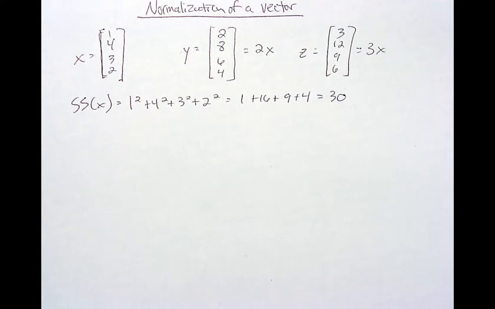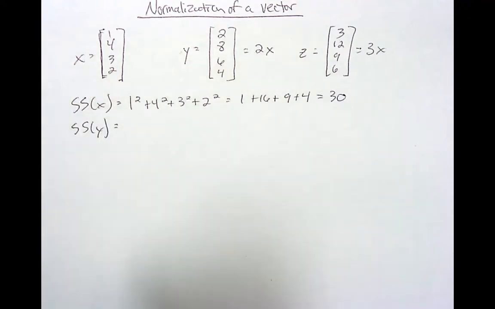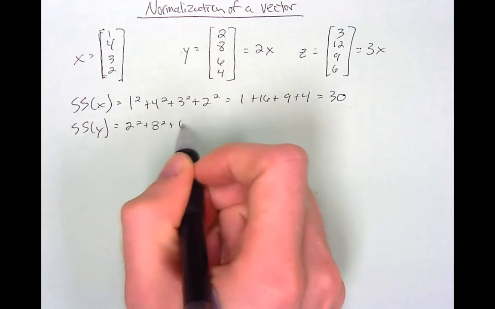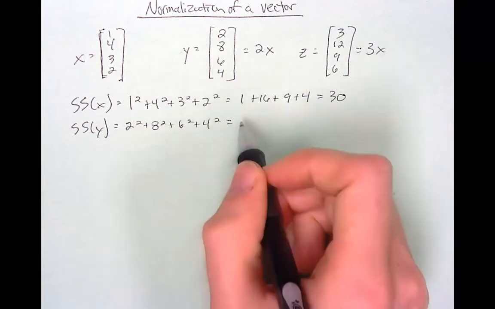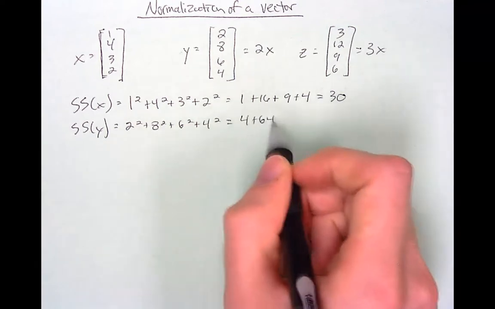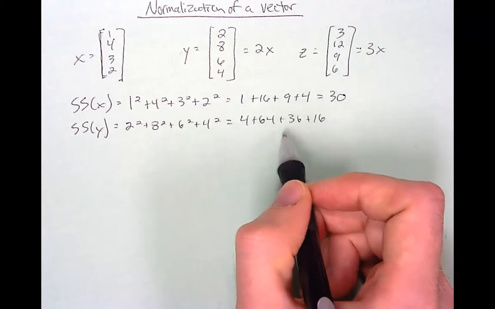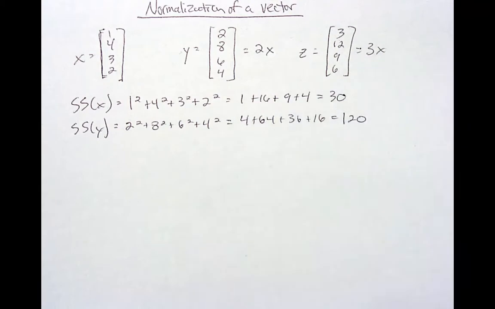So vector x is thus normalized to 30, while for the vector y, we can see what that is normalized to. 2 squared plus 8 squared plus 6 squared plus 4 squared. That's 4 plus 64 plus 36 plus 16, which will give us 120.